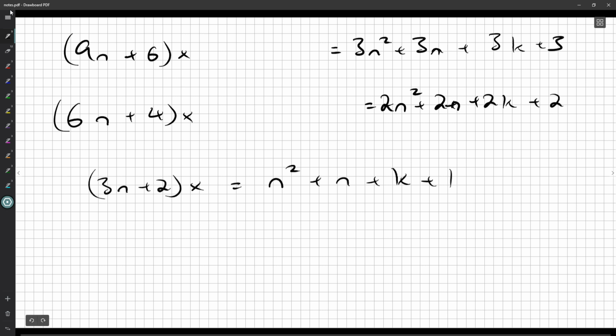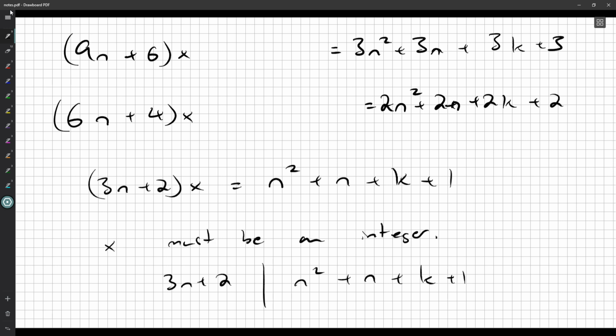Okay. So there's x. X needs to be an integer. Then 3n plus 2 must divide n squared plus n plus k plus 1.